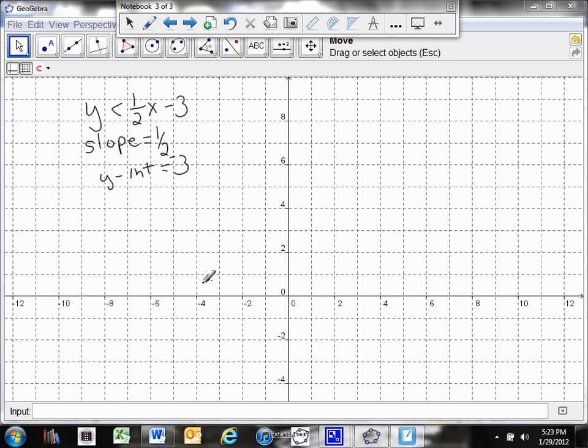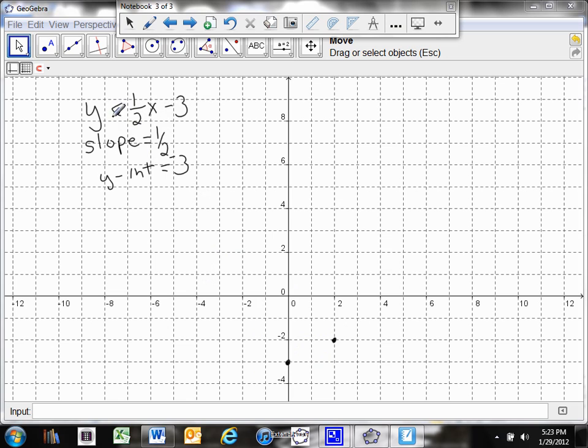Alright, I've got GeoGebra all set up. The inequality I want to graph is right here. I know I've got a y-intercept down here at -3. So I'd draw that. My slope is 1/2, so I'll go up 1 and over 2, and that would be my next point. Right there.